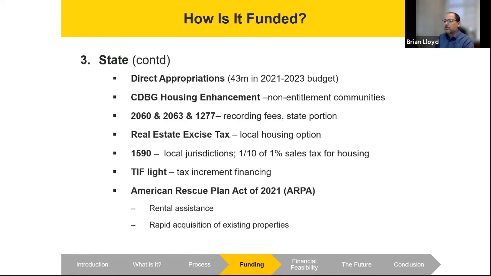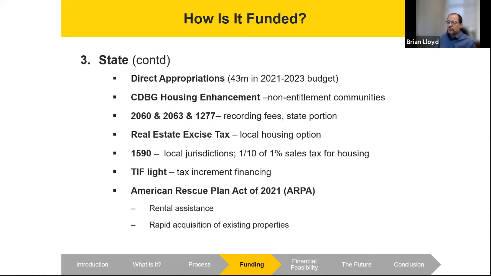In addition, there are direct appropriations, recording fees, and real estate excise tax, which is an important way to raise funds for affordable housing. 1590, that was a House bill that was passed a couple sessions ago, and it allows local jurisdictions to add a 0.1% sales tax that they can collect for housing.